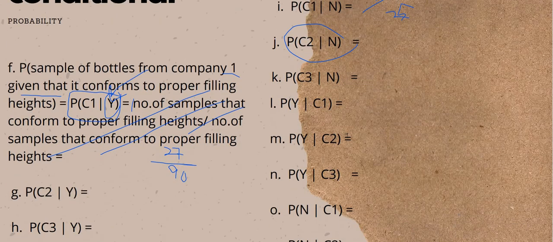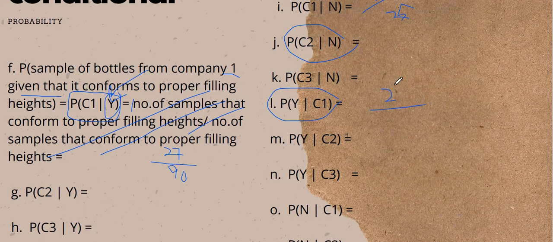What else? Now for this one, Y C1. It's a reverse, right? Just now it was C1Y, now it's Y C1, meaning Y given C1. So the value here will be equal, which is 27, but you will over with the total number of C1, which is 33.